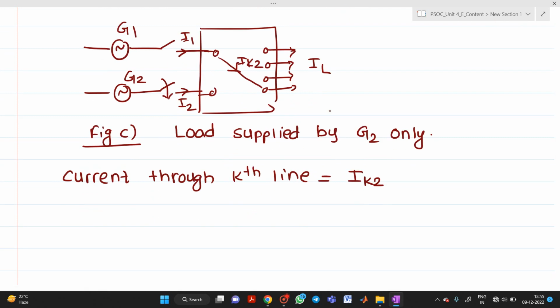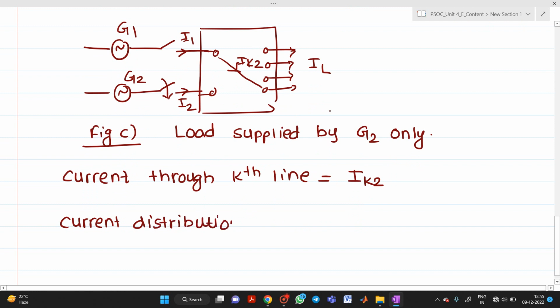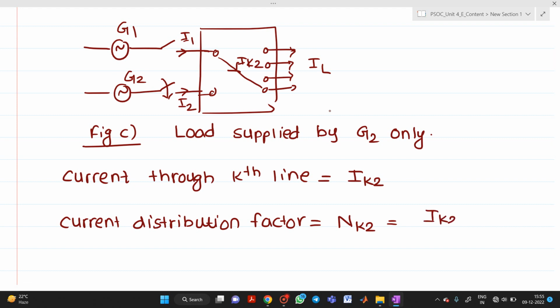Now how can we write the current distribution factor for this situation? The current distribution factor is represented as NK2, which will be equal to the current it would carry, IK2, divided by the current that the source would carry when all other sources are rendered inactive.